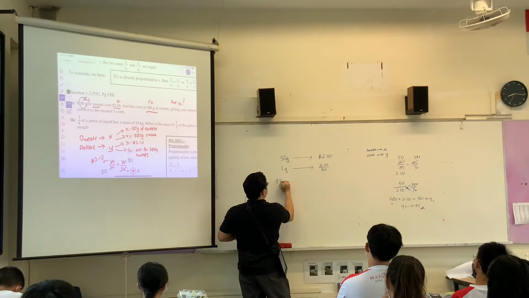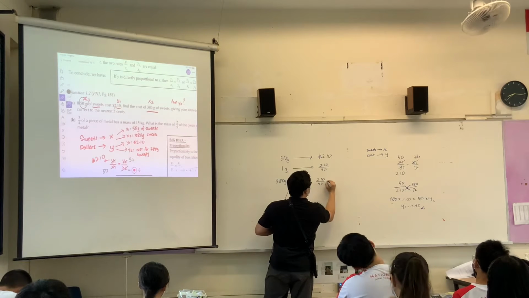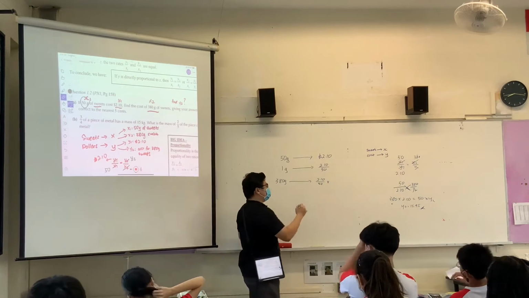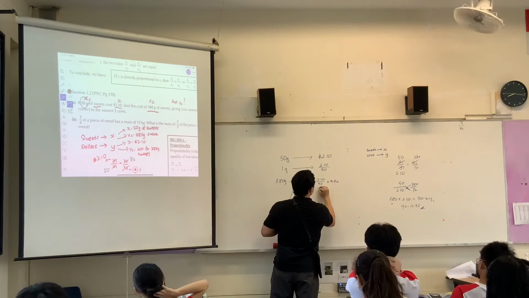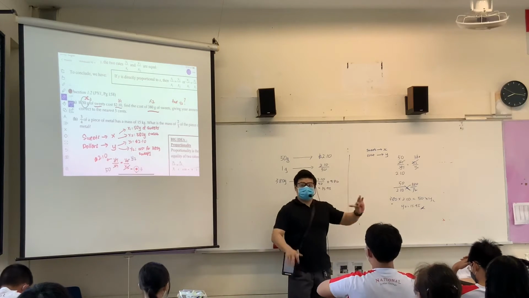Then 380 grams cost $2.10 over 50 multiplied by 380, which also gives you 15.95.